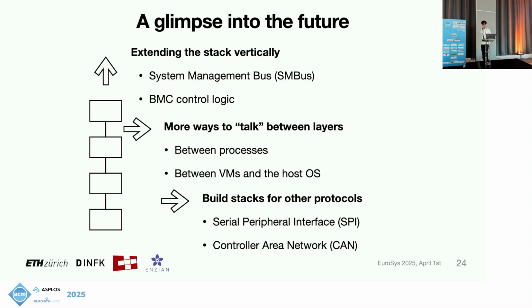And another way to go is to introduce more ways to communicate between layers. Currently, Efeu allows the layers to talk across the software-hardware boundary, but we can also envision allowing layers to talk across the process boundary or even the VM and host OS boundary.